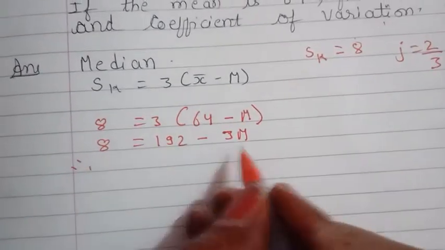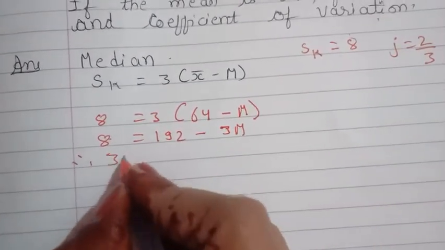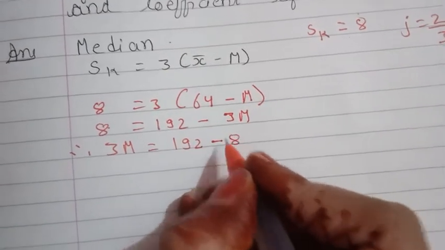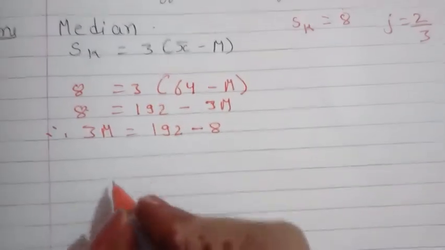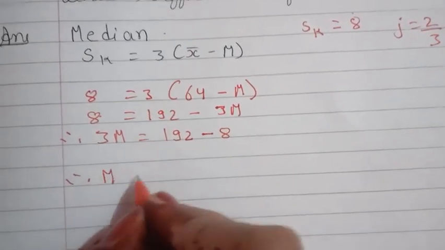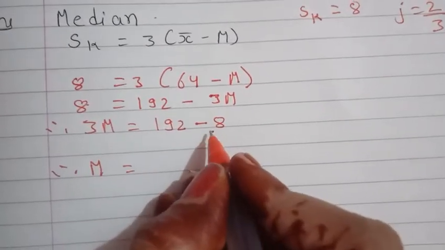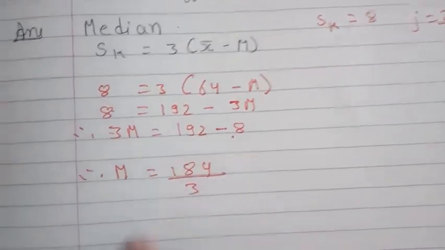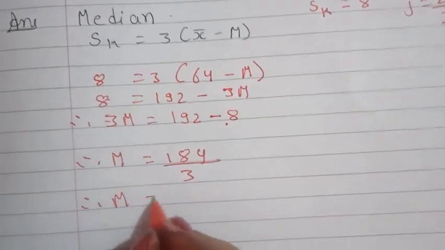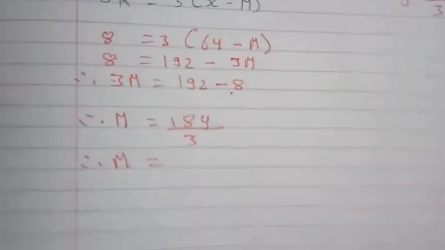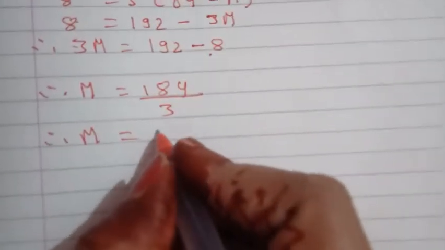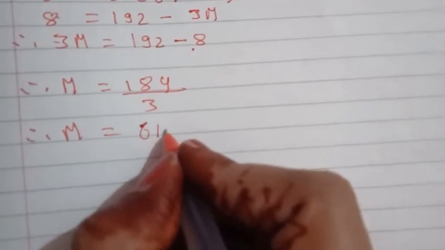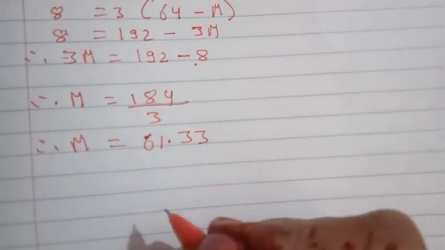So we take this to this side: 3M is equal to 192 minus 8, the sign will change. So median is equal to 192 minus 8, which is 184. This 3 will go in the denominator. So the value of median is equal to 184 divided by 3, which gives us 61.33.